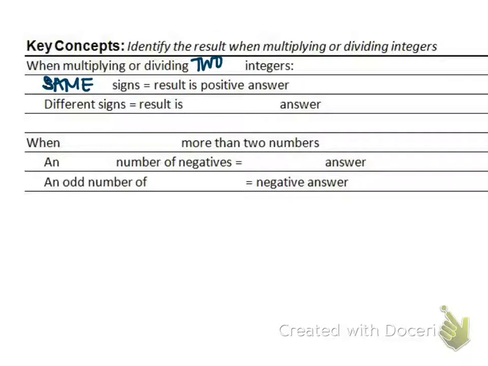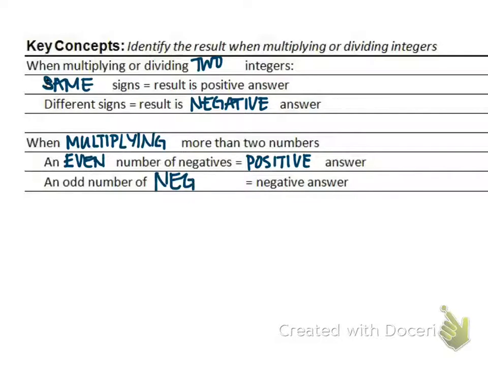When the signs are different, the result is going to be negative. When we are multiplying more than two numbers, an even number of negatives results in a positive answer. An odd number of negatives results in a negative answer.